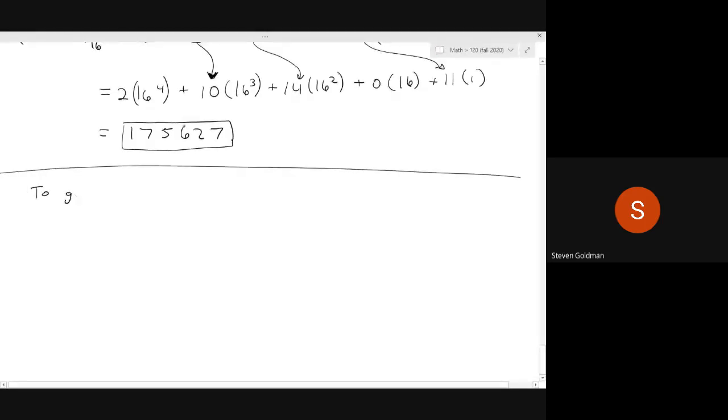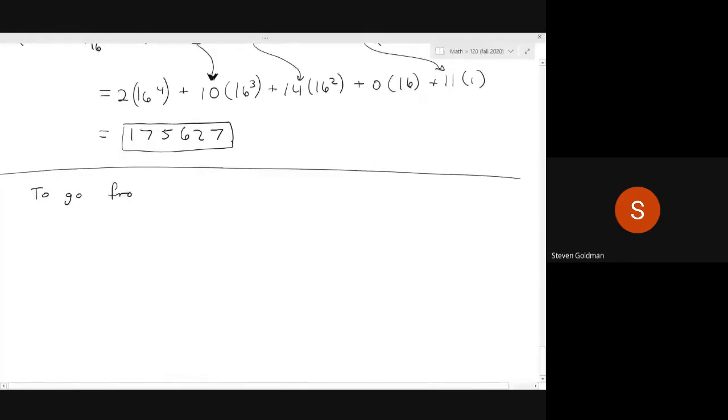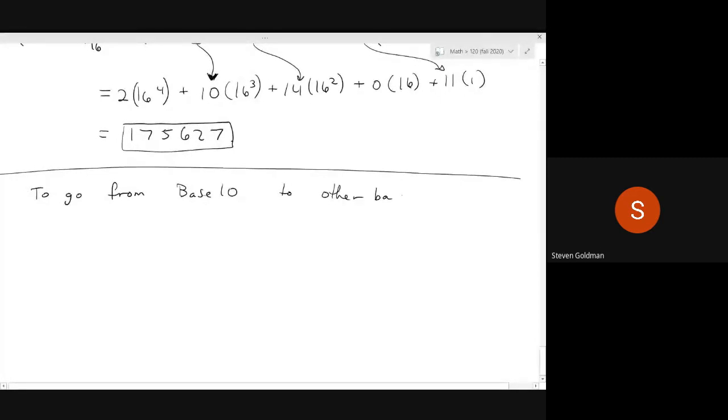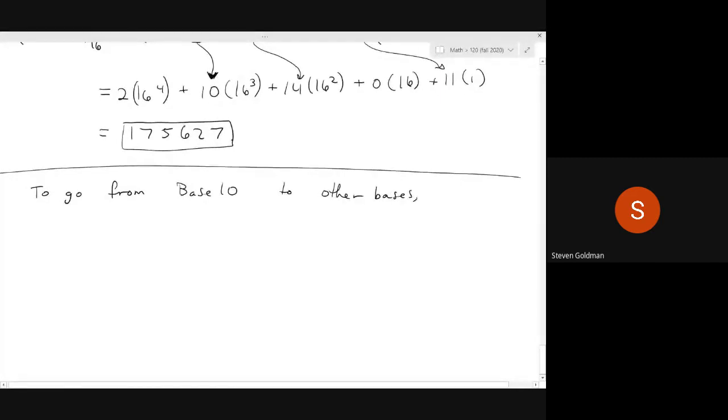So to go from base 10 to other bases, there's a little bit of an algorithm. I'm going to demonstrate the algorithm with an example. Let me briefly describe it now.